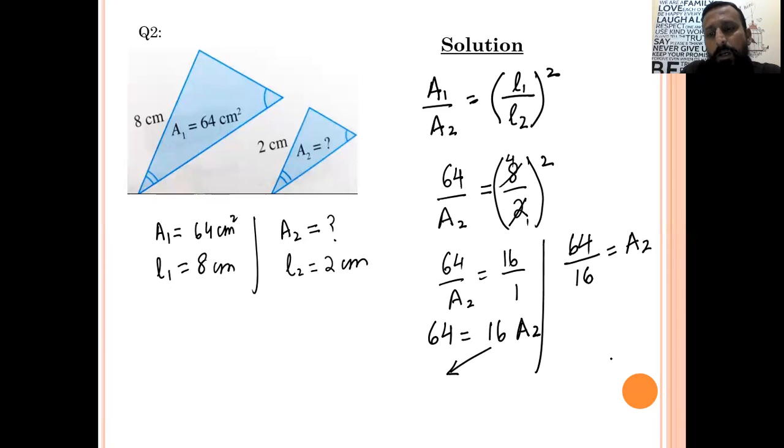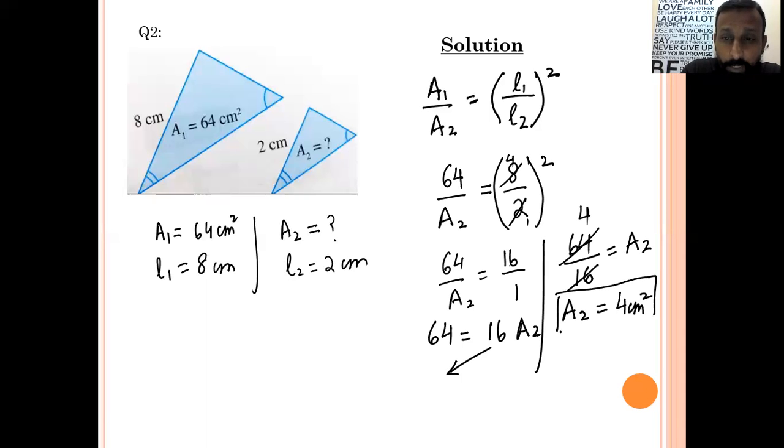So 16 ones are 16, 16 twos are 32, 16 threes are 48, and 16 fours are 64. So your required unknown area of the second triangle A2 is equal to 4 centimeters square.